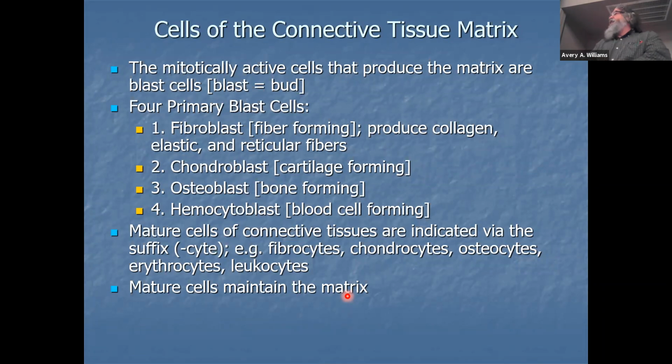Well, they just kind of hang around and maintain the matrix, because the tissue is living tissue, right? And so they'll be there. So any of these connective tissues would have blast and or mature cells in the matrix.